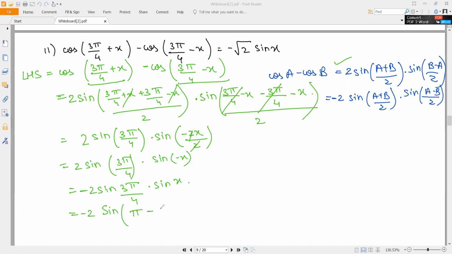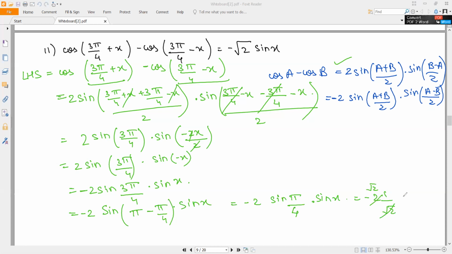Now 3 pi by 4 can be written as pi minus pi by 4, like 3 is written as 4 minus 1, into sine x. This is equal to minus 2 sine pi by 4, because this is in the second quadrant, sine is positive, pi means sine will remain as it is, into sine x, which is minus 2 sine pi by 4, which is 1 upon root 2.